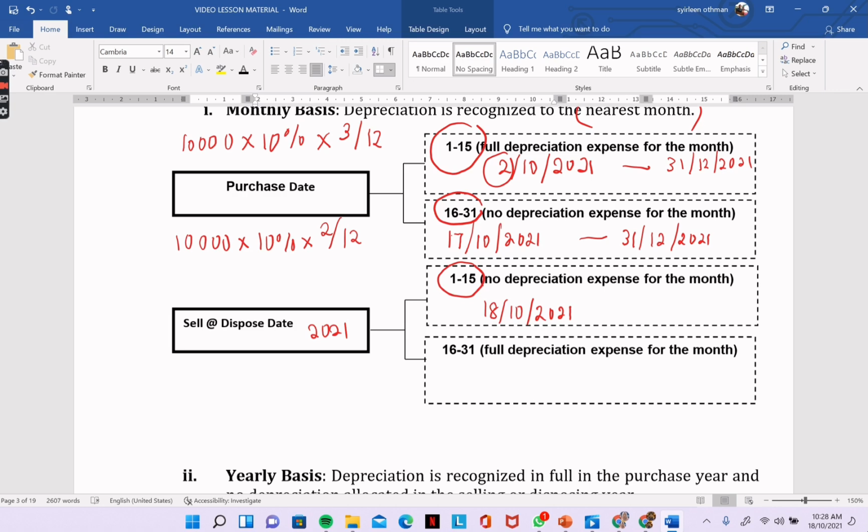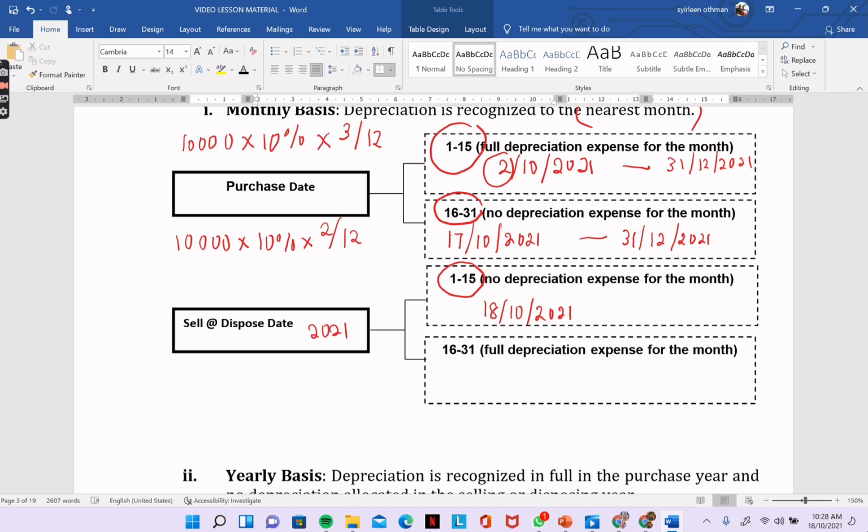Maksudnya kena kira sehingga selepas ditolak dengan susut nilai yang terkini, barulah kita boleh dapatkan dia punya book value. So that bila you jual aset tersebut, you are able to calculate your loss or gain for the disposal of the asset. So aset tu dah memang ada dengan kita. So kalau kata dia tak dijual, that means aset tu depreciation akan dikira from January until December.